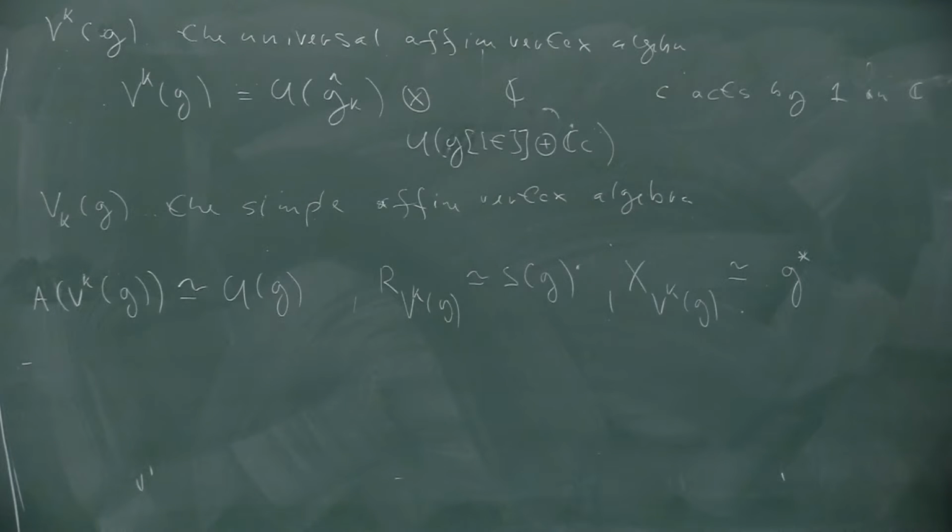So what are examples? Some more interesting examples of associated varieties for some simple affine vertex algebras.